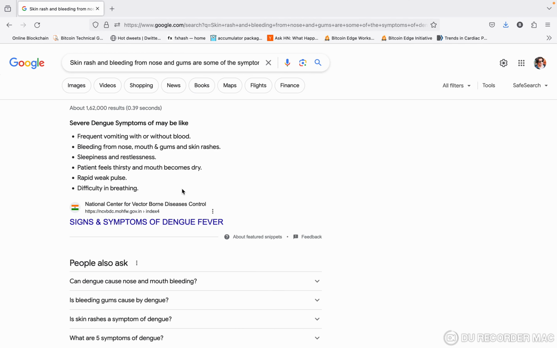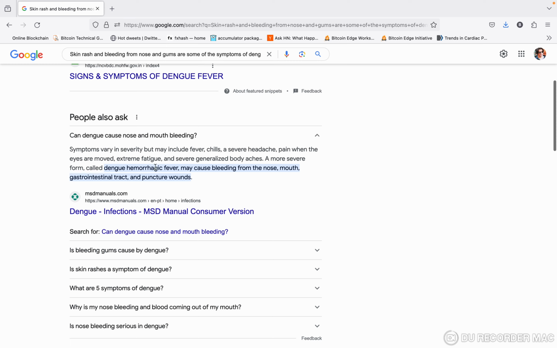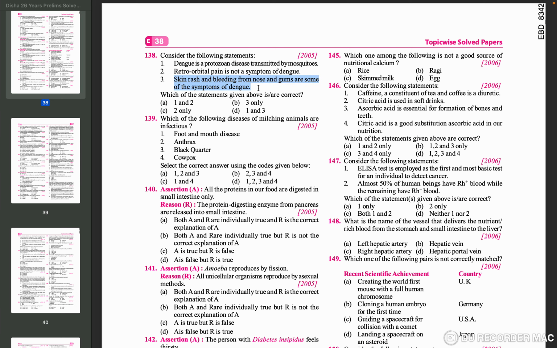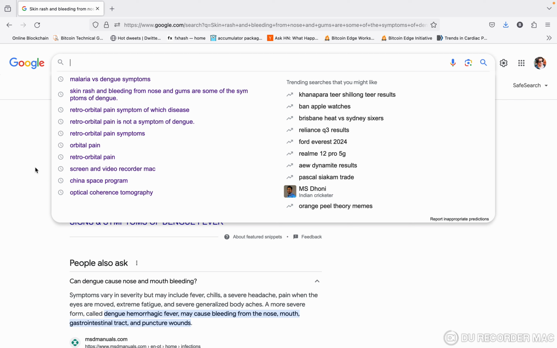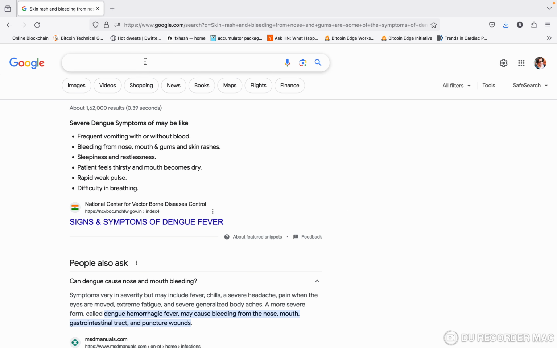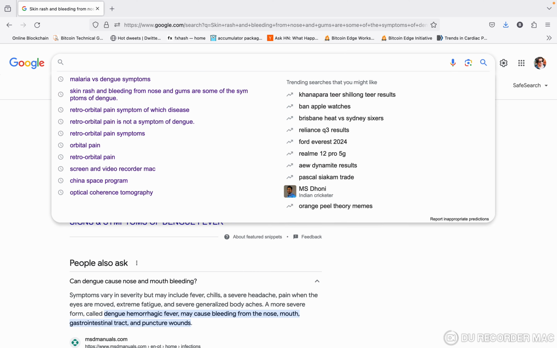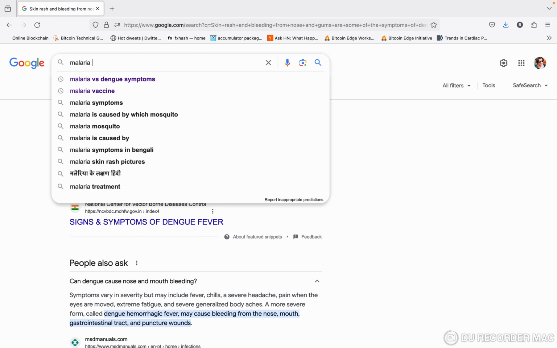Dengue hemorrhagic fever may cause bleeding from nose, mouth. I don't think the options and the search in Google are matching. So let me check whatever. I am going to study malaria and dengue in detail.